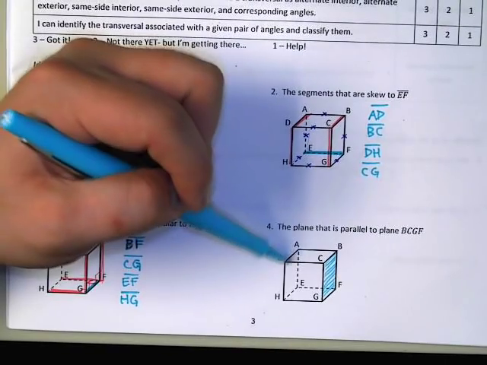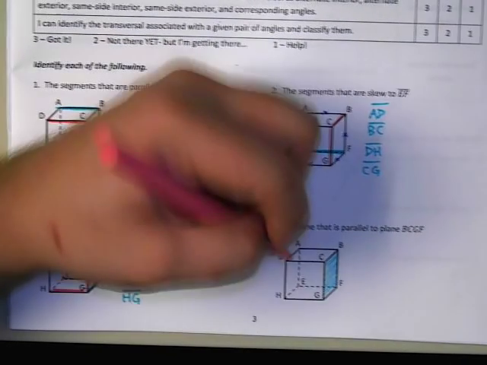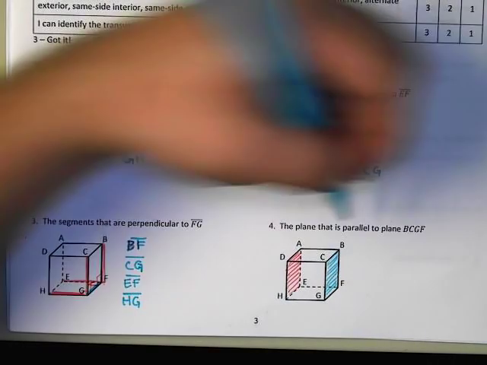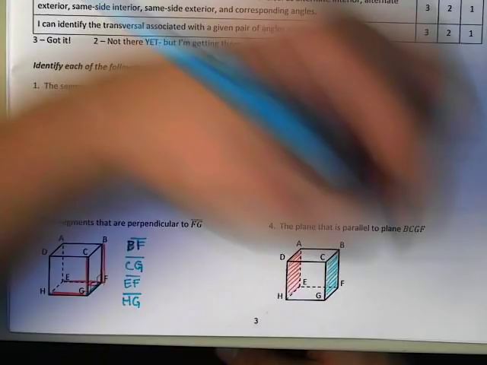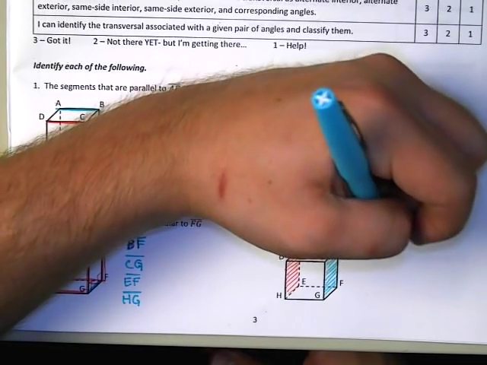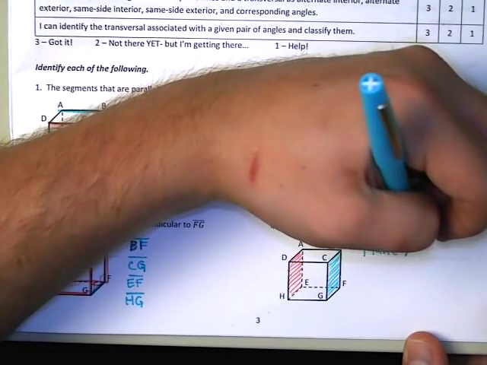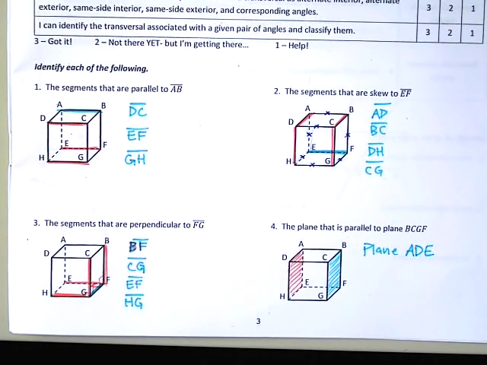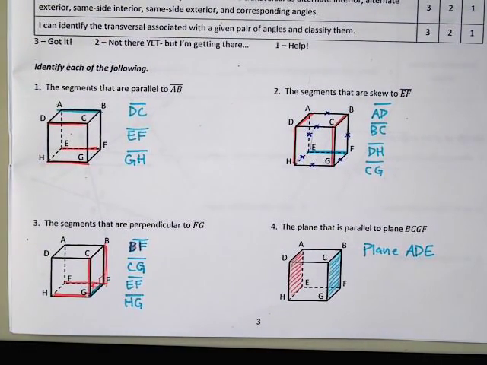It's this left plane, right? This left plane is the plane that will never touch, and so that is the plane that's parallel. You guys remember, I really only need 3 letters, right? If you want to list them all, it's fine, but honestly, any 3 letters on that plane would be appropriate for an answer. All right?